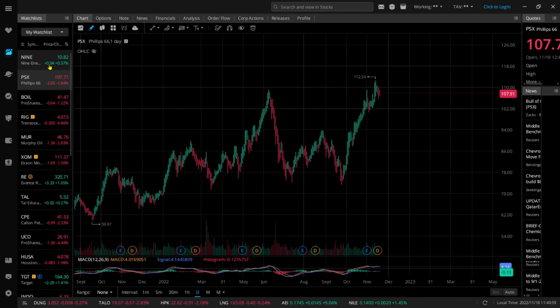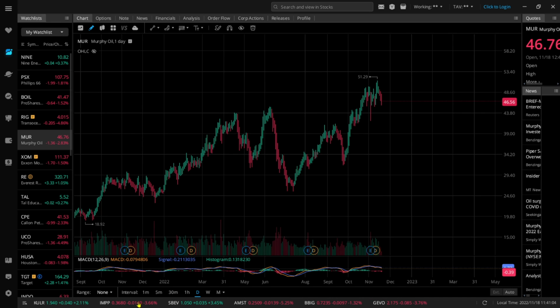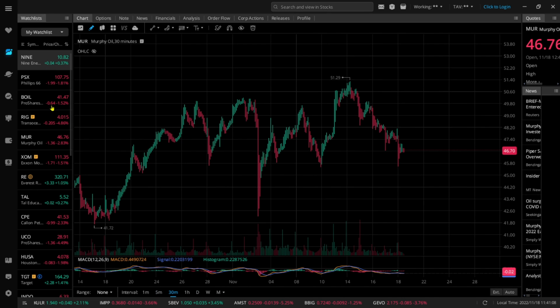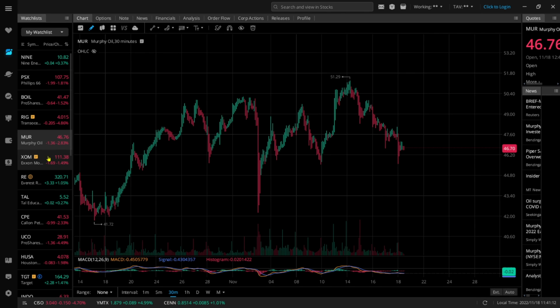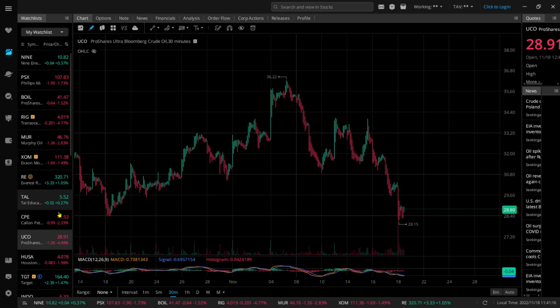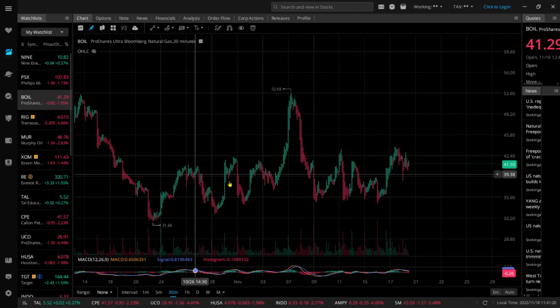If I flip through these really quick, look. Let me go to actually a chart. You see how they kind of have the same pattern? Some of them are different, but that's just how it works.